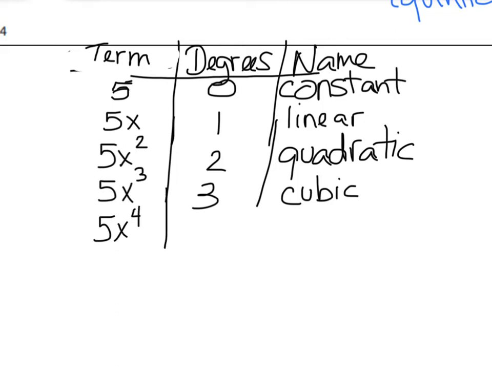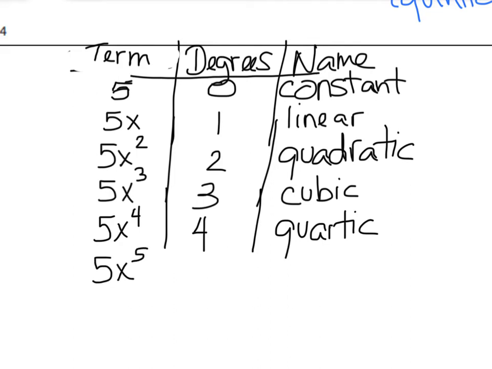Degree of 4 is quartic. Think of those quarters. Degree of 5, quintic. Quint, if you hear of somebody having quintuplets, that means they're having 5 babies. There's also a show on Disney called Quints, which was about 5 brothers and sisters.